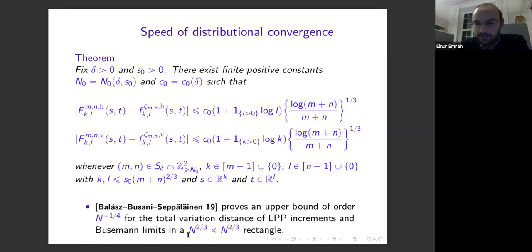And one other strength in their result is that they compare the increments and the limiting increments in an n^(2/3) by n^(2/3) rectangle. But here we only do this along a path of length n^(2/3).